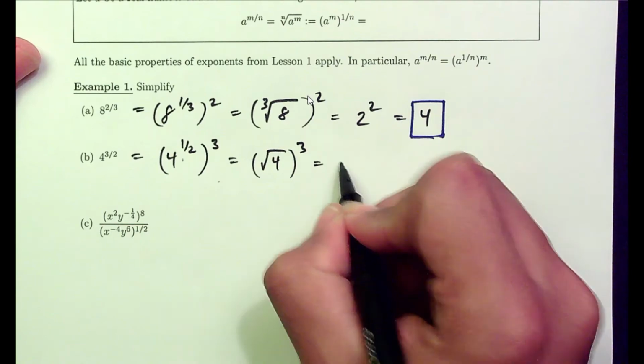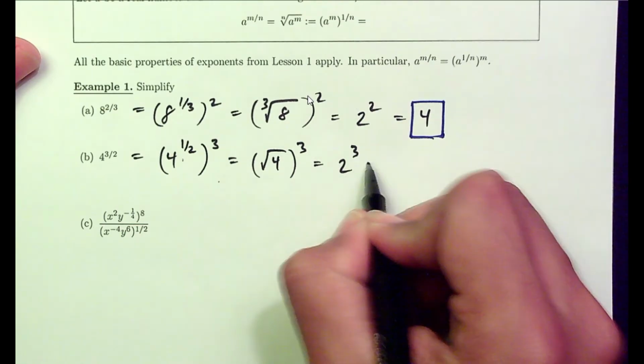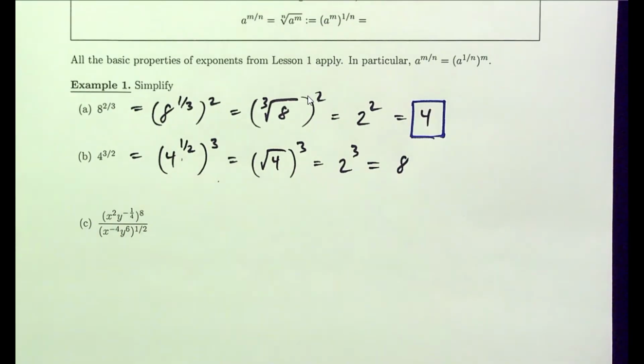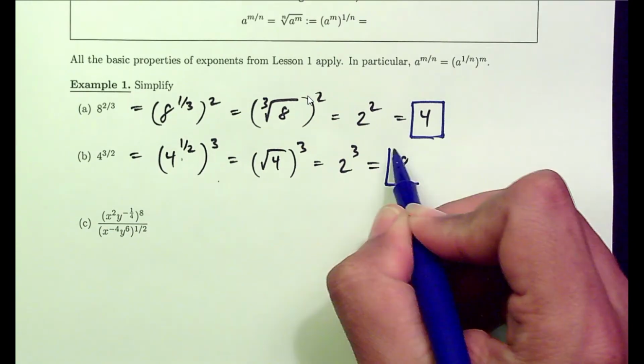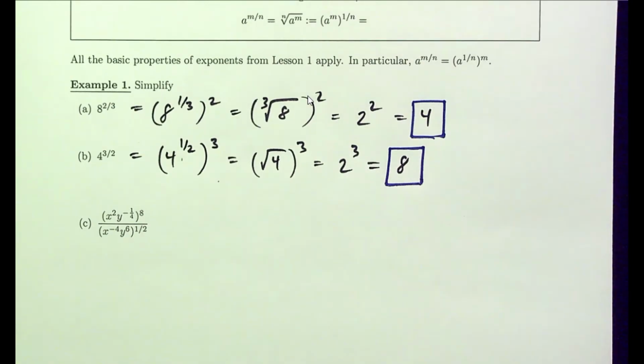The square root of 4 is 2, and 2 to the third is 8. So the answer is 8.